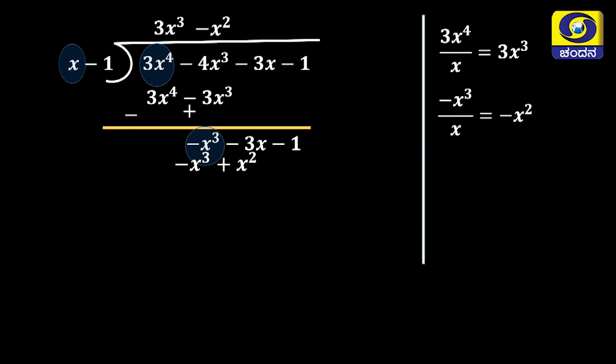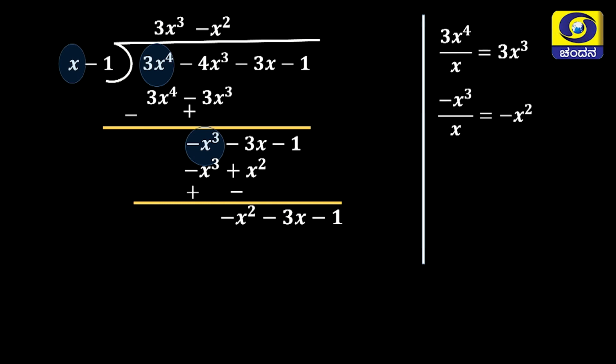You will get minus x cube plus x square. After changing the sign, minus x cube plus x cube gives 0. Minus 3x, minus x square. You can't do anything because the exponents are different. So minus x square minus 3x minus 1 remains as it is.